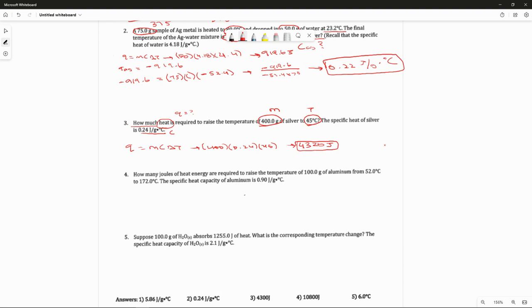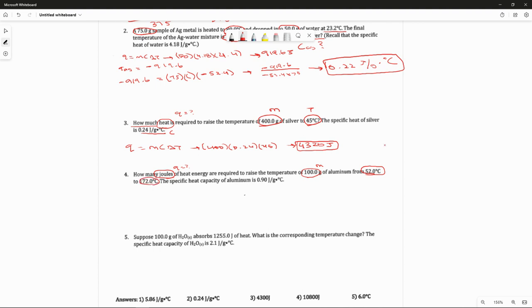How many joules of heat energy, so it's asking you for Q already off the bat, is required to raise the temperature of 100 grams of aluminum mass from 52 degrees temperature to 172 degrees.